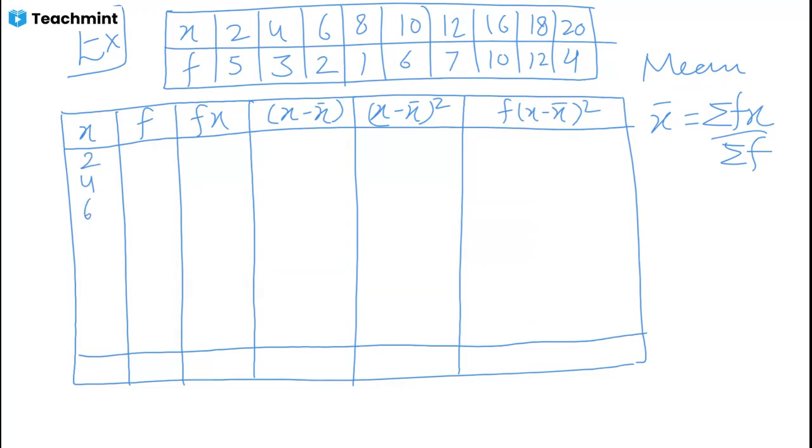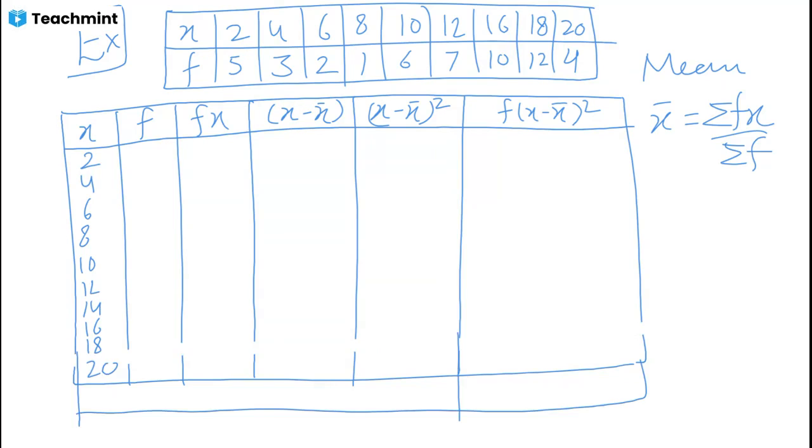That is 2, 4, 6, 8, 10, 12, 14, 16, 18, and we have one more value, 20. In corresponding frequency, they have 5, 3, 2, 1, 6, 7, 10, 12, and 4.